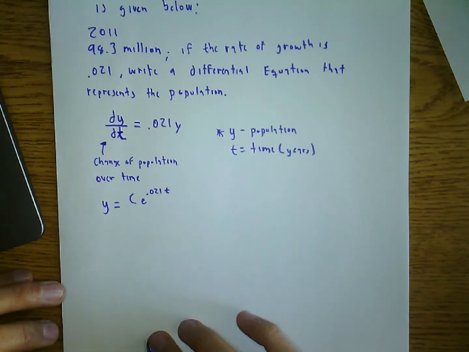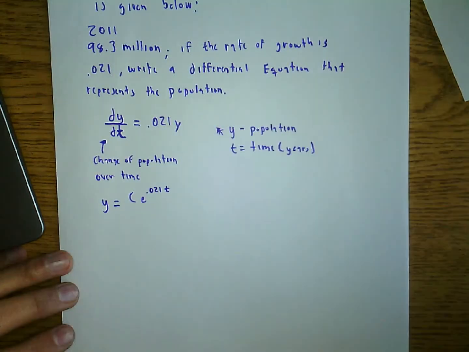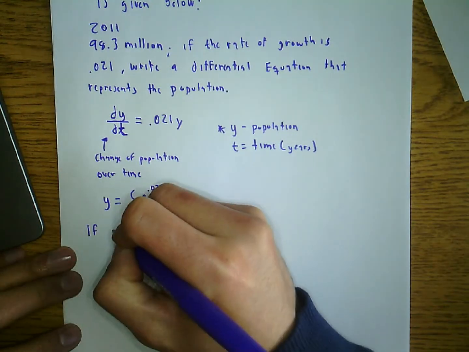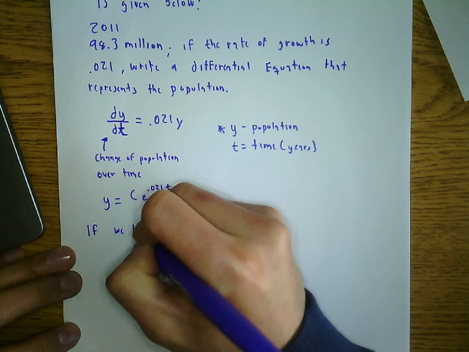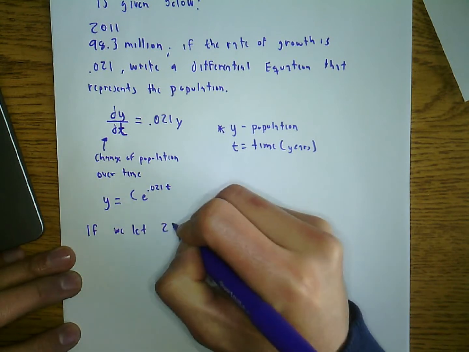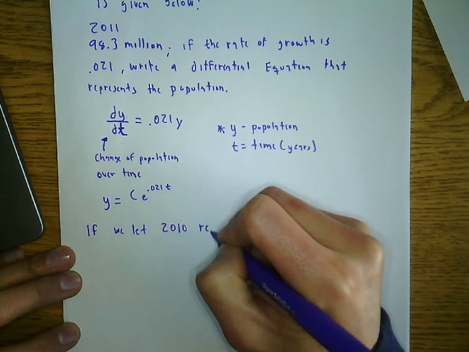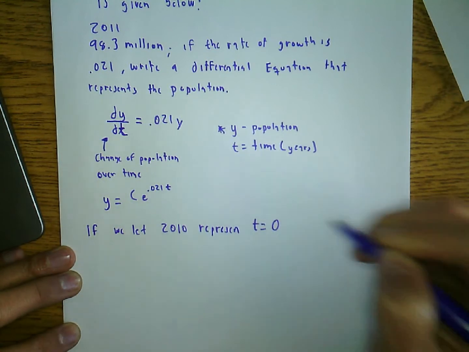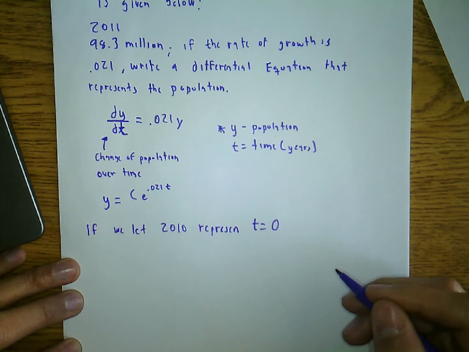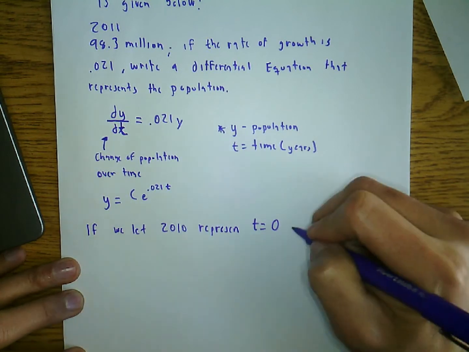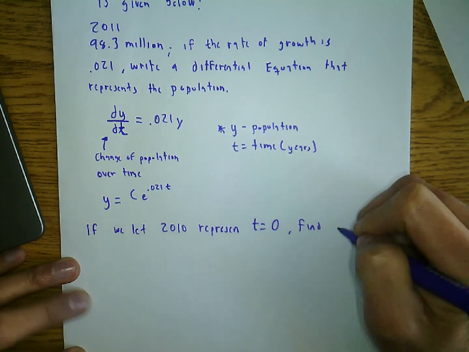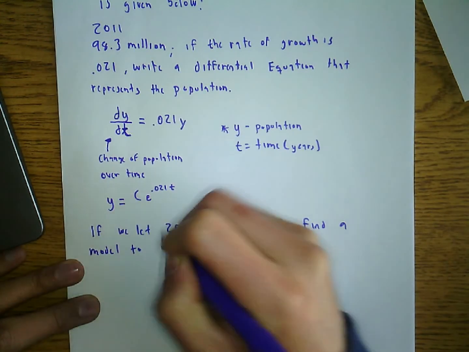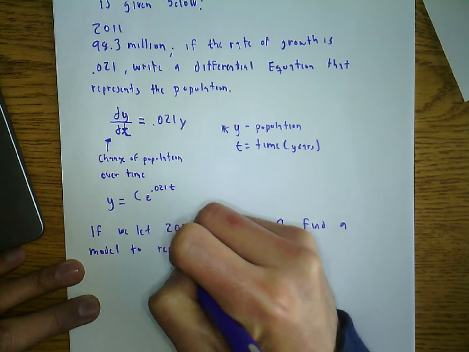If we let the year 2010 represent t equals 0, find a model to represent the population at any time.